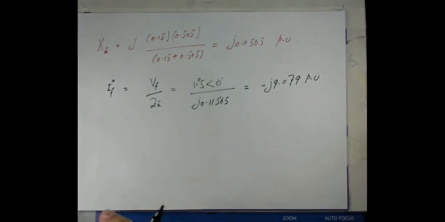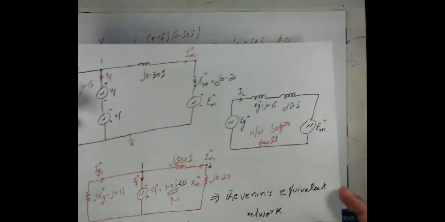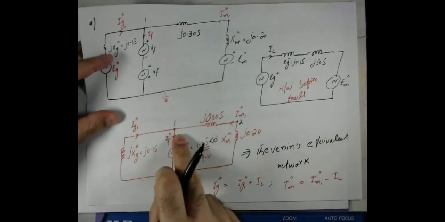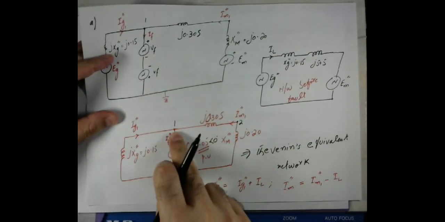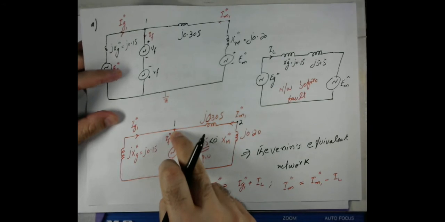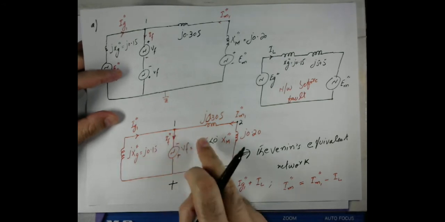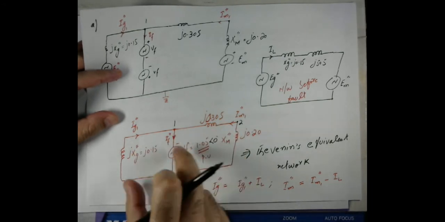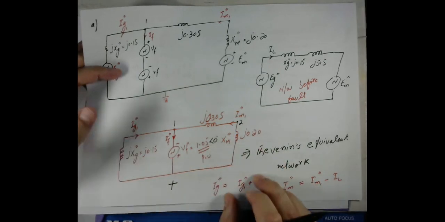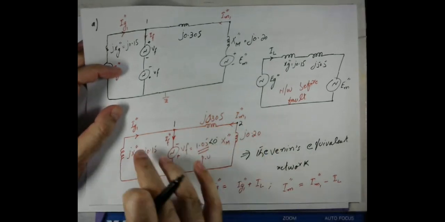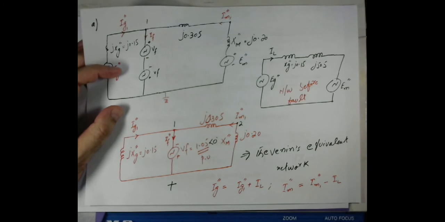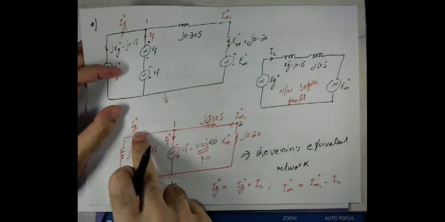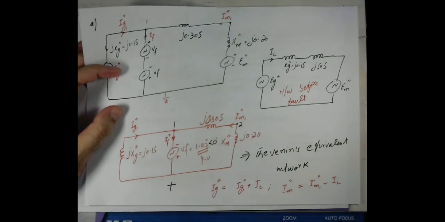Now again, as I mentioned, we can even find the components of this current because both are moving toward this point, which is bus number 1, or node number 1. So this current will have two components. Because these two branches are in parallel, by the current division rule one can find the currents, which are IG1 double prime and IM1 double prime.